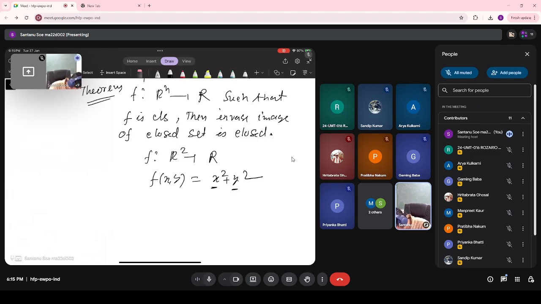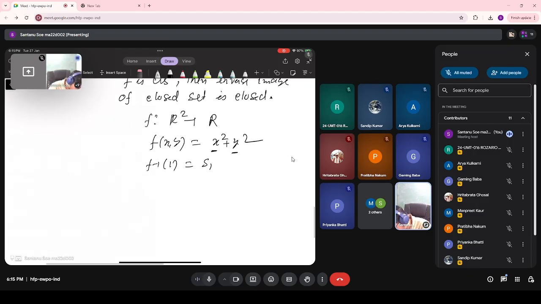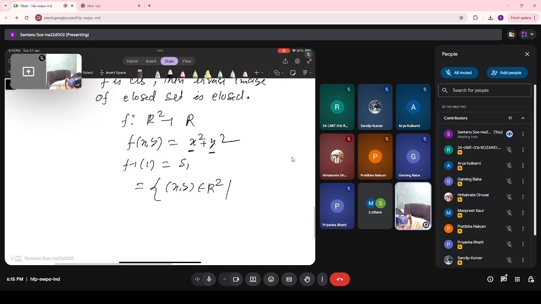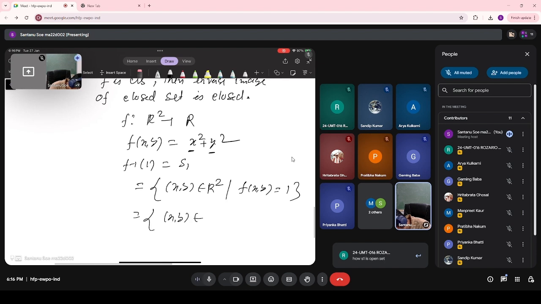And the inverse image of one is nothing but S1. Now, how does this hold? The inverse image of one is those points x and y in R2 such that f of x comma y is 1, correct? So those points x comma y in R2 such that x square plus y square equals 1.